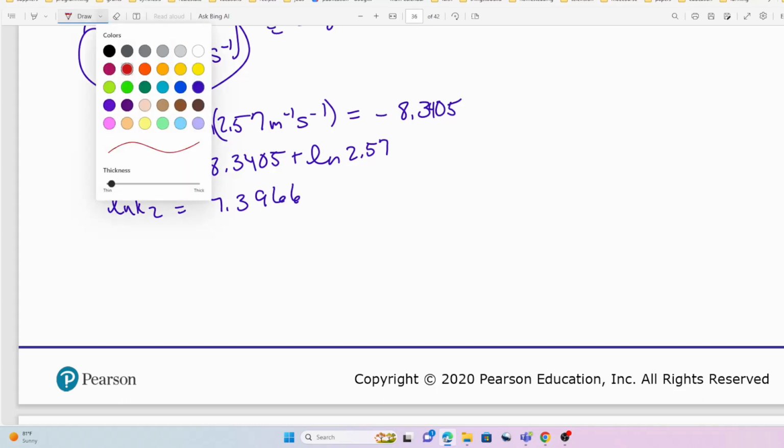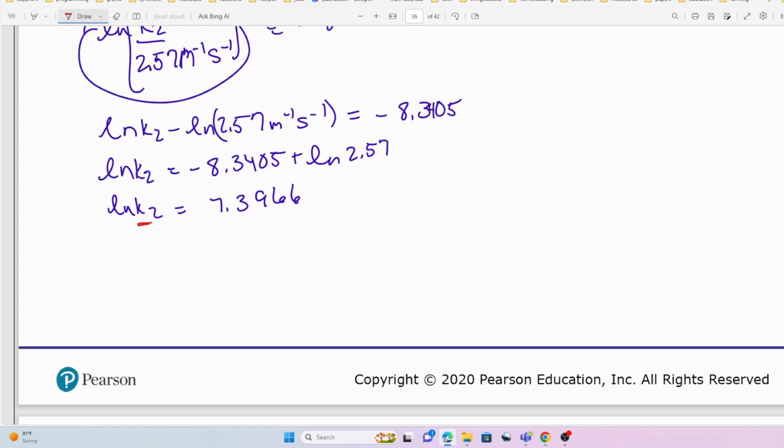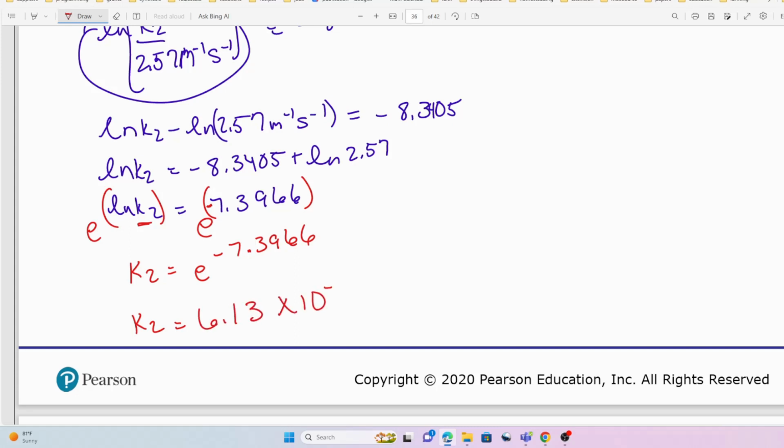In order to get rid of the ln, because we have a variable here, we take e to the ln of K2 equals e to the negative 7.3966. So K2 is equal to 6.13 times 10 to the minus 4, and the units are molar to the minus 1, second to the minus 1.